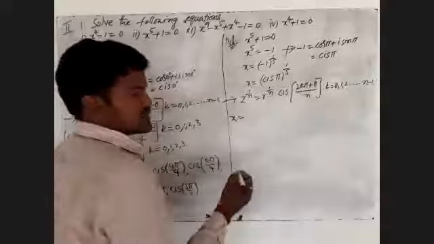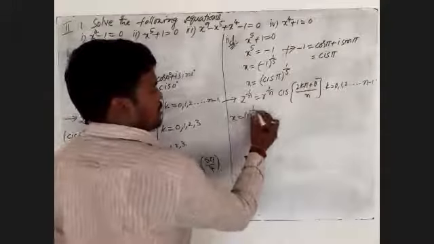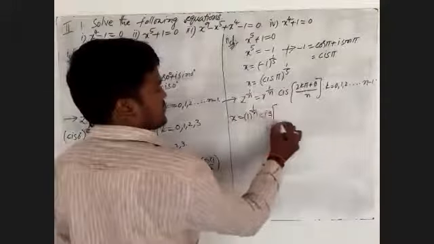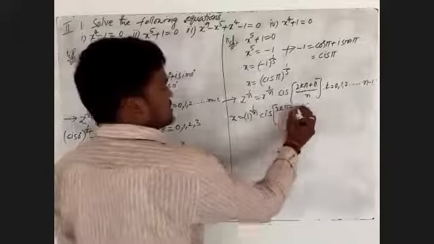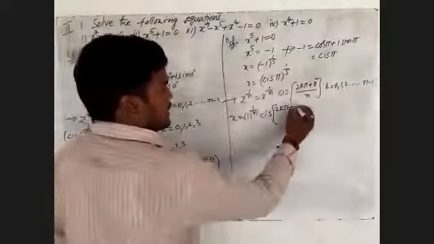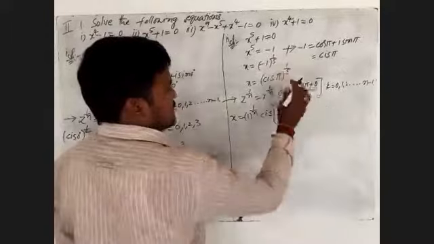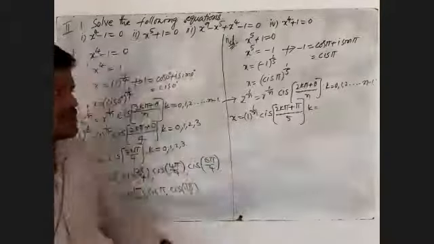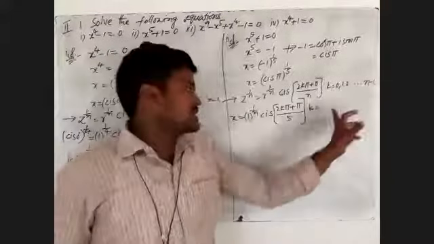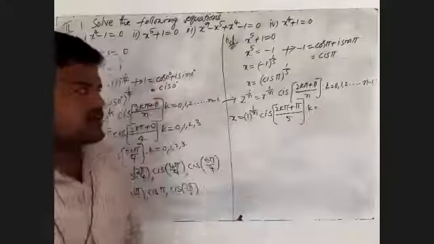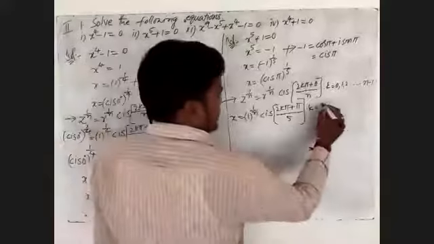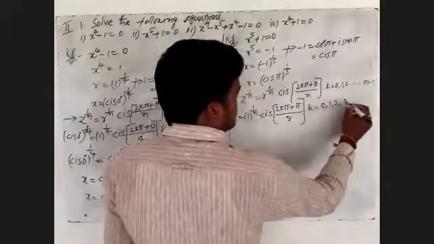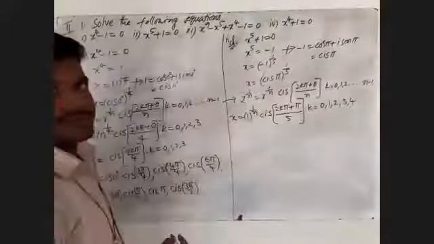There is no r, so we write 1 power 1 by n into cis of (2k pi plus theta), where theta is pi and n is 5. Here k is 0, 1, 2 and so on up to n minus 1, where n is 5, so 5 minus 1 is 4. We write k as 0, 1, 2, 3, 4.